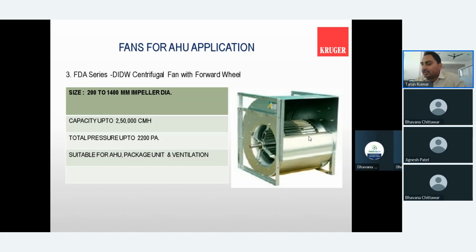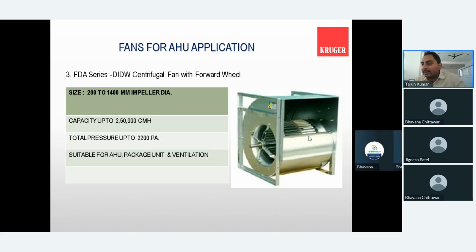I will share the product catalog, sir, afterwards. All the Kruger products are available there. I can help in that manner, and I'll also share my contact number. I'll also check whether some books are available in the market that I can refer to for selecting the fan, backward curve and forward curve, or axial fan or centrifugal fan.